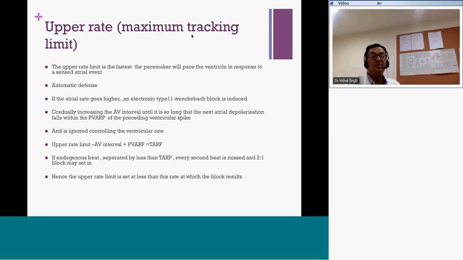So this is an automatic way of protecting the ventricular rate. The faster atrial rate doesn't get conducted into a faster ventricular rate. This is required to set in the permanent pacemaker, where at the rate at which the block results, you set the upper rate limit slightly lesser than that.